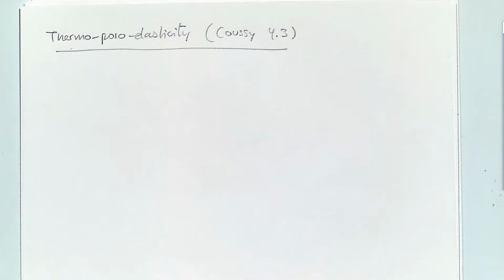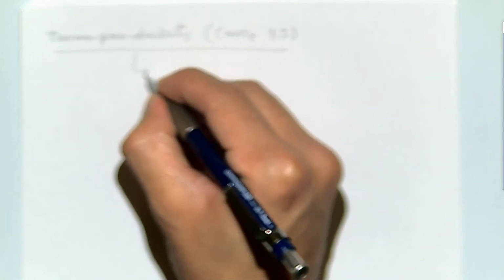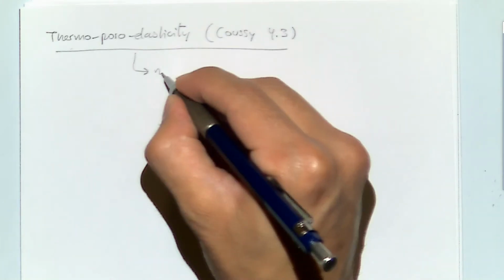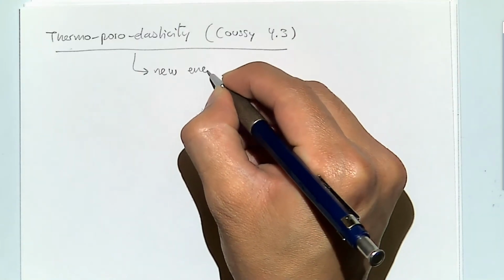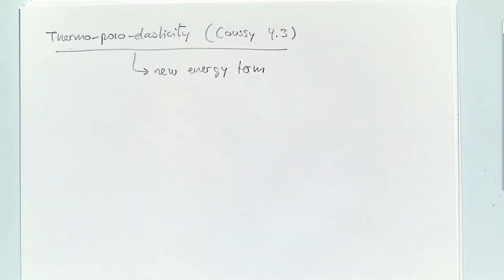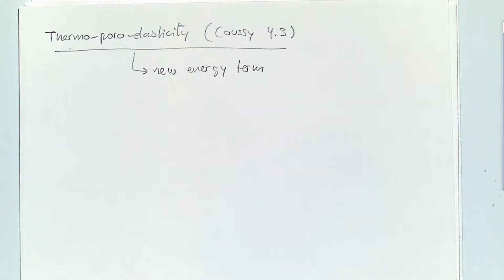Basically, we already have the equations of poro-elasticity. We add the thermal part, and in terms of our energy equation, we will have a new energy term, which tells you how much energy you can add to the porous solid by changing temperature.